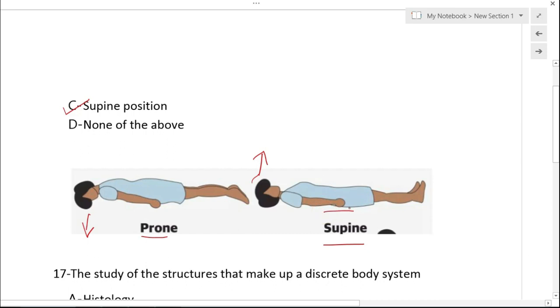In prone, the opposite position, the face will be pointing downward, and the subject will be lying down on the abdomen, or stomach.